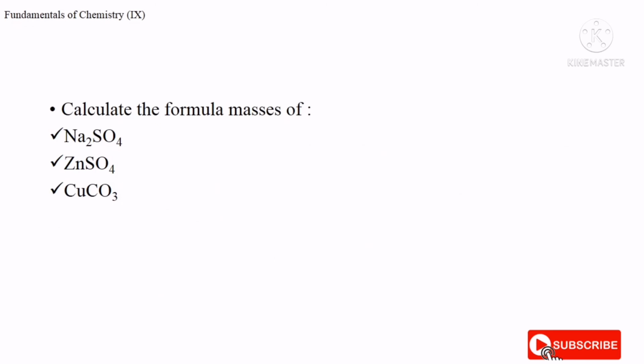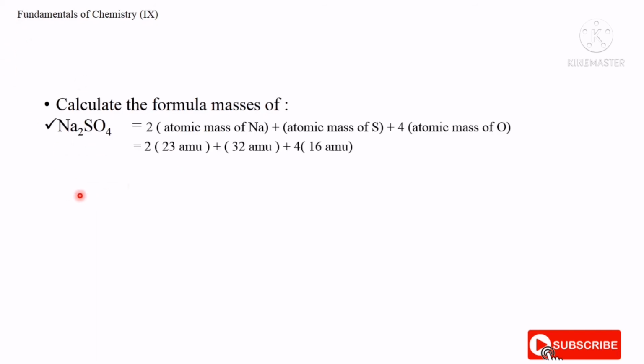And now the next question: we have to calculate the formula masses of sodium sulfate, zinc sulfate, and cuprous carbonate. Sodium sulfate has 2 atoms of sodium, 1 atom of sulfur, and 4 atoms of oxygen.